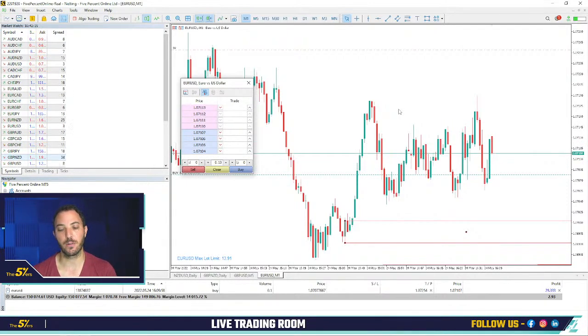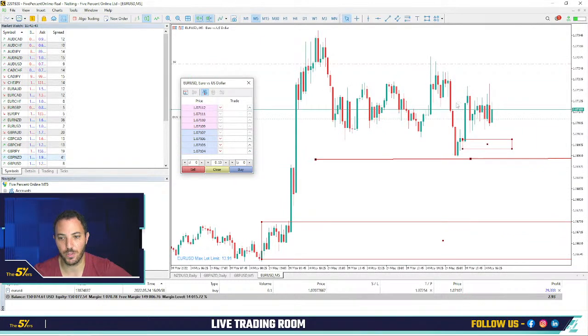So the longer I stay in a trade, the larger the possibility of something happening and turning that trade into a losing trade, or of course a winning trade. But for a one-to-one risk-reward ratio, it just doesn't make sense holding that trade for that long. And we're just stuck in here in this range.